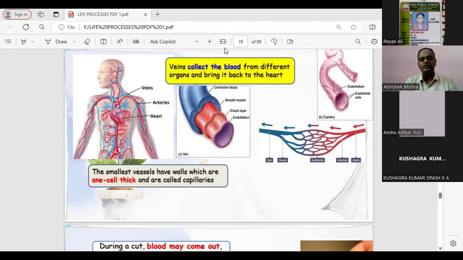The only similarity is that it is also carrying oxygenated blood, and arteries have this feature of carrying oxygenated blood. Got it, Sumit? Sumit, your doubt is clear? Okay, fine.